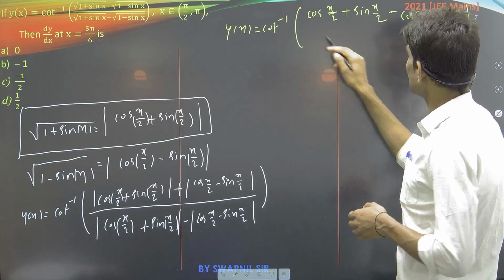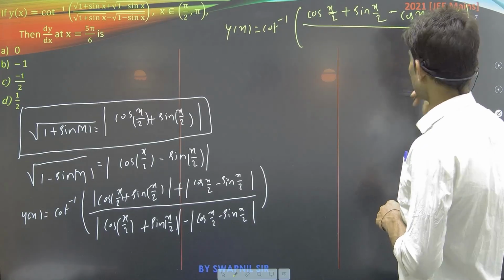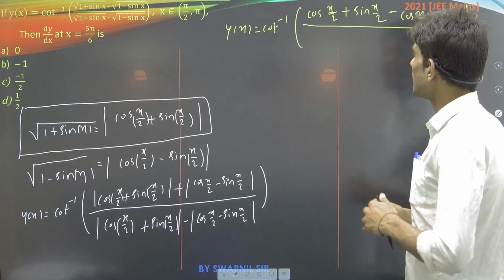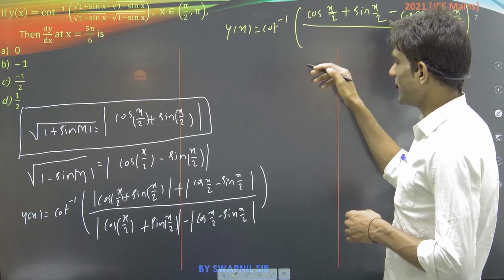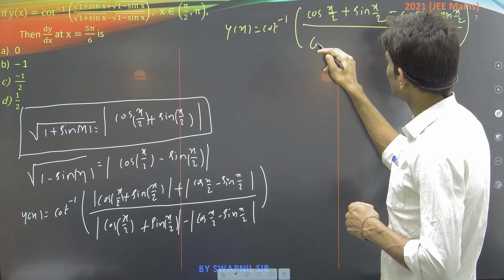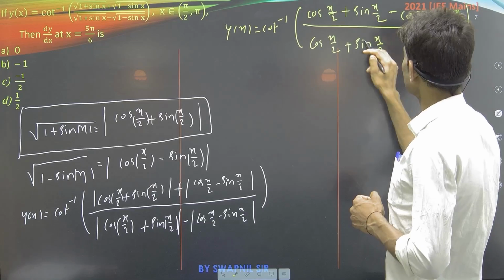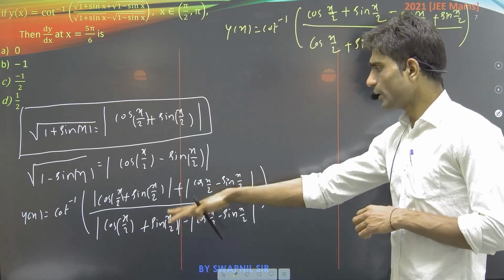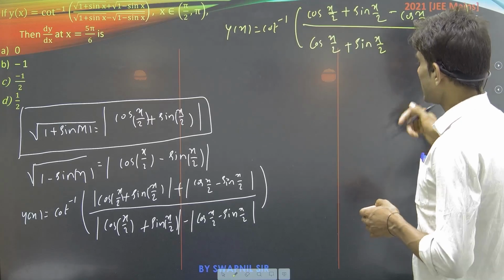So this one is complete. Now it is a plus sin x by 2, not a minus, because under modulus it changed the signs. Now as the part of denominator, we write cos x by 2 plus sin x by 2, keep as it is. This is just the basic calculation here. So cos x by 2 plus sin x by 2.